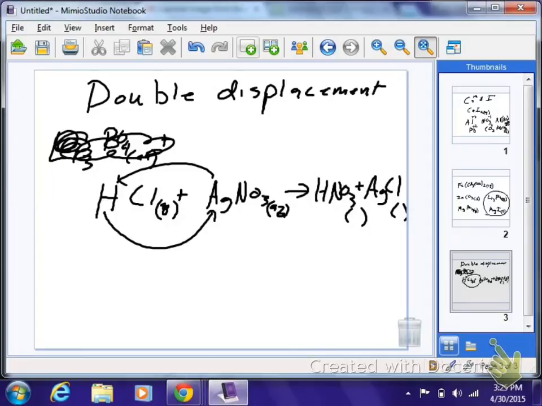AgCl, HNO3. If it's soluble, write AQ. If it's insoluble, write an S. Now we also have to make sure charges balance out. +1, -1, they balance. Silver is a +1, chlorine's a -1, they balance. So it's okay to write one of each.